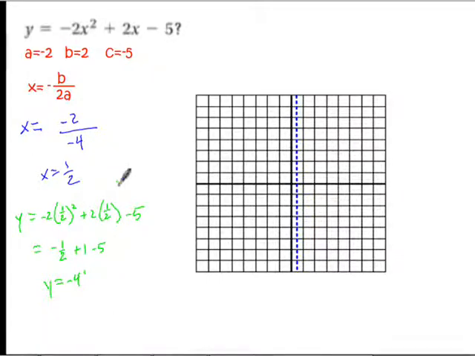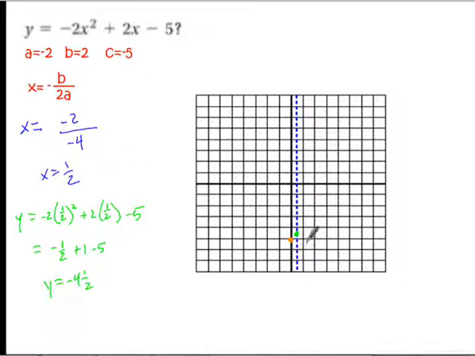Sorry, a whole little conversation there with myself. Negative 4.5. So now I'm going to go down to negative 4.5, and I put a point. That's my first point. Now, the y-intercept is right here at negative 5, so I can put a point right here.